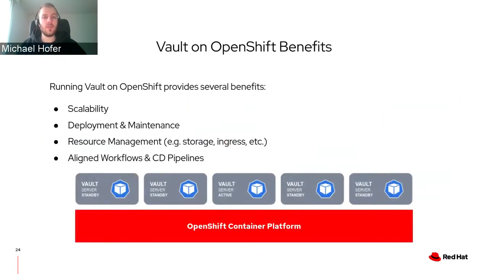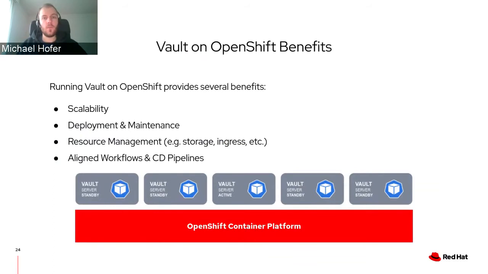If you deploy Vault on top of OpenShift, you get a few benefits through the container platform. First of all, if your scalability needs grow, you can also very easily scale the Vault cluster itself.